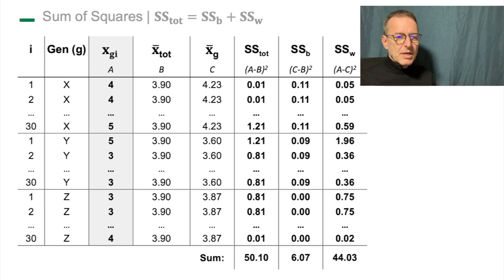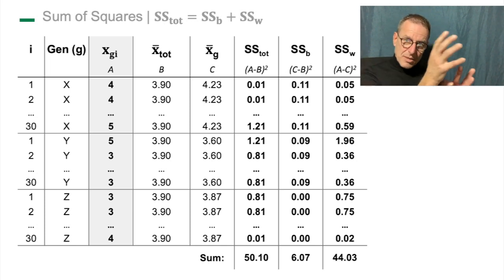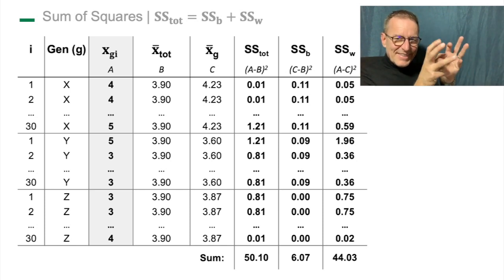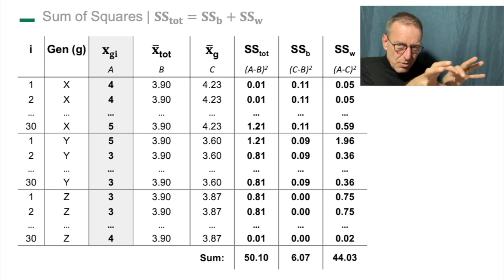So in this example, the total sum of squares is 50.1. The sum of squares between is 6.07, and the sum of squares within is 44.03. And the sum of squares between plus the sum of squares within make up the total sum of squares. So you see, you split the overall variance of all responses into two separate types of variances.